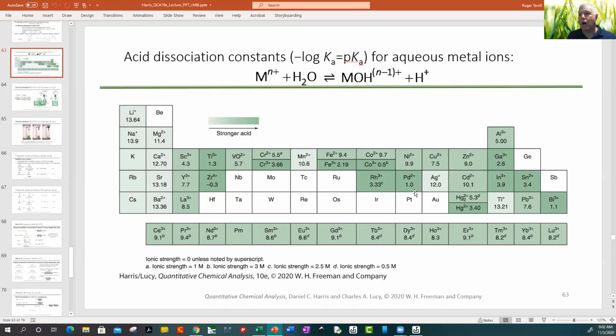Look, palladium is at pH 1. It's a humongous hydroxide scavenger. Gold, they didn't even have gold up there, but I know it's a very good hydroxide scavenger. Zirconium is the best acid.